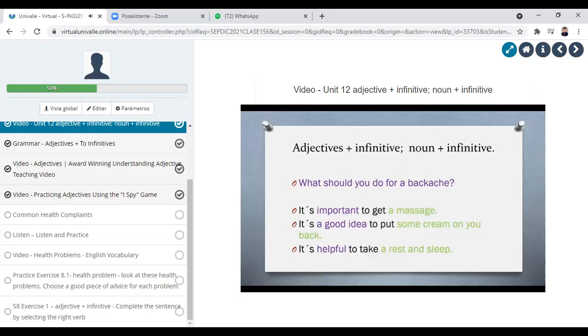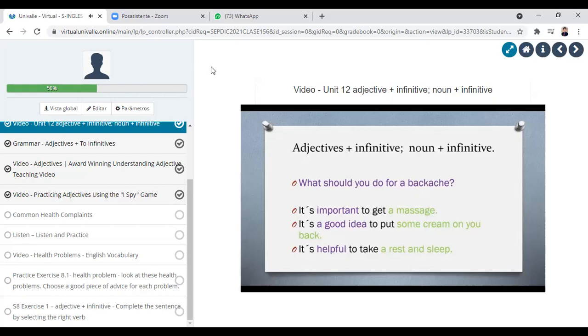To get. And after that, we are going to add the noun. So it's important to get a massage. The second example is it's a good idea to put some cream on your back. In this one, the adjective is good and the infinitive is to put.